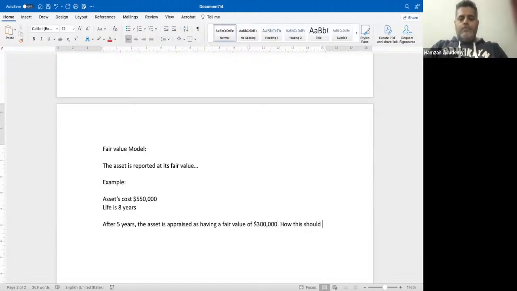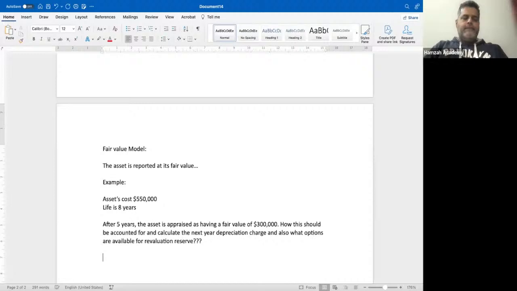How should this be accounted for? Calculate the next year's depreciation charge, and also what options are available for the revaluation reserve, right?